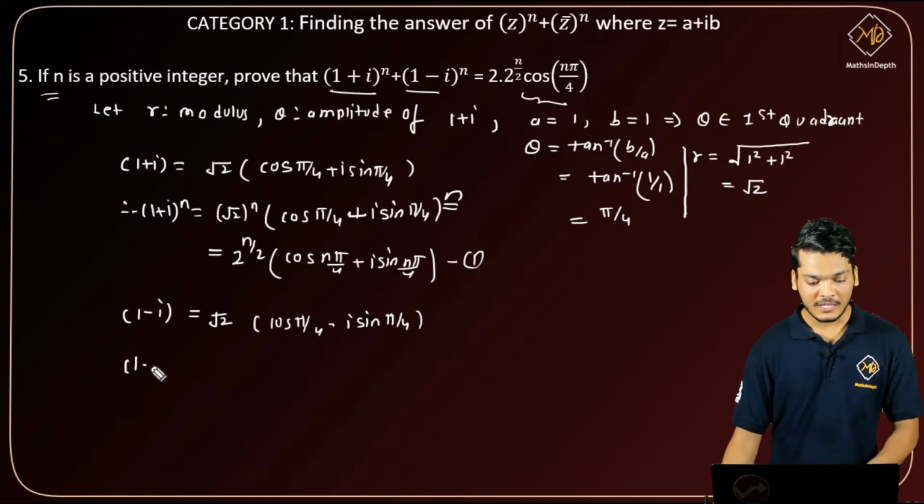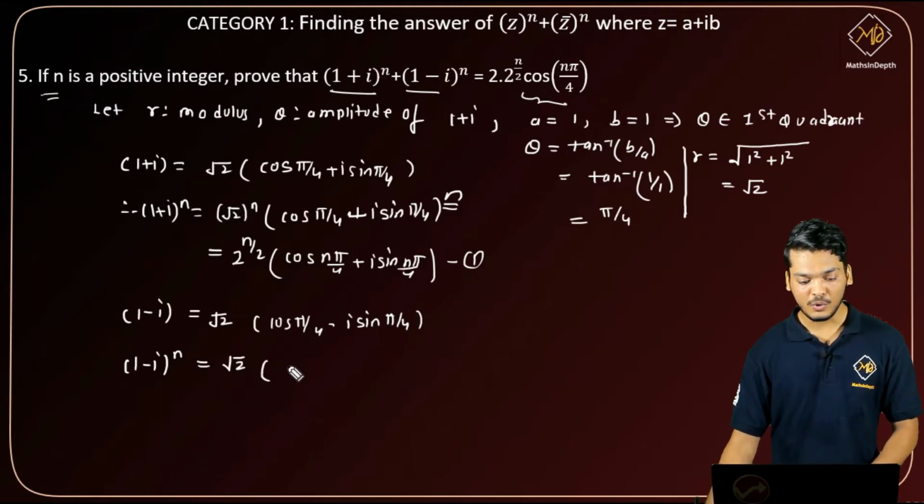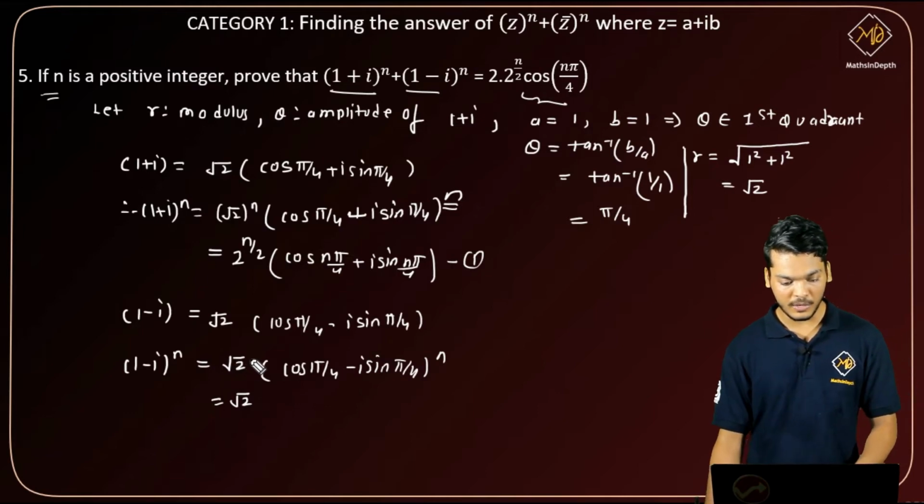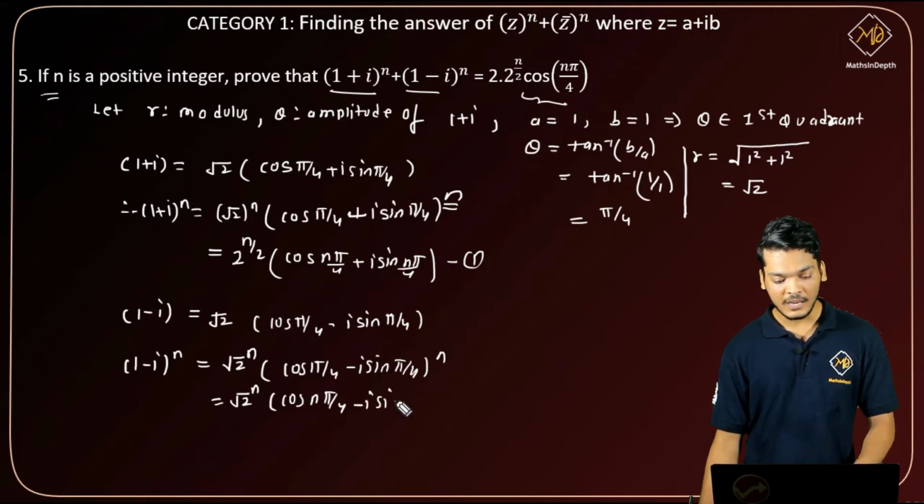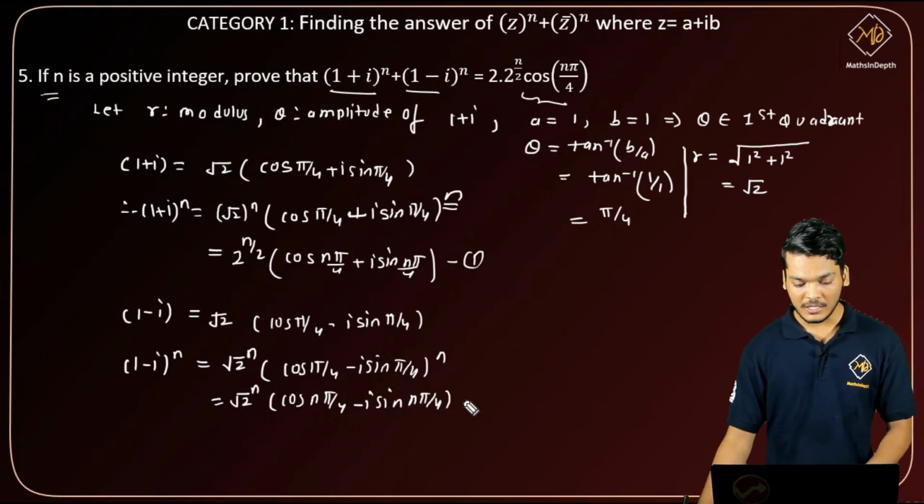Hence 1 minus i raised to n equals root 2 into cos pi by 4 minus i sin pi by 4 raised to n, which should be root 2 raised to n into cos n pi by 4 minus i sin n pi by 4. This is by De Moivre's theorem. Let this be equation number 2.